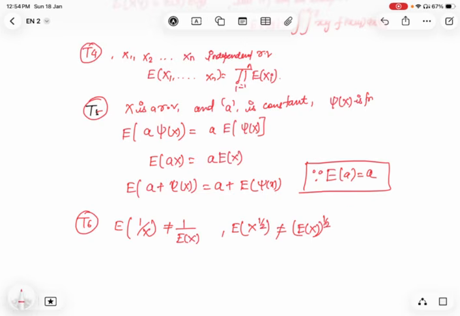Like if you have to take the expectation of the square root of x, it is not equal to taking the expectation of x and then calculating the square root. No, it is not equal. Similarly, the expectation of x squared is not equal to the square of the expectation of x. So these are some conditions that you should remember, because they will help you when you solve questions related to expectation.